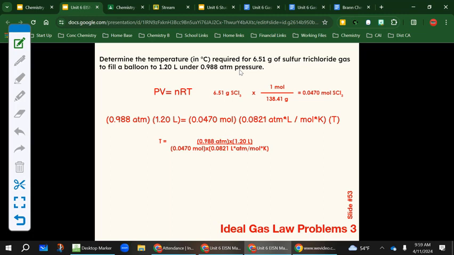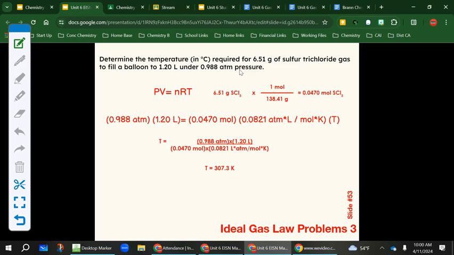At this point, you don't need to write all the units. I do to keep my things straight. You're going to take 0.988 times 1.21 divided by 0.0470 times 0.0821. By the way, if you do not put these in parentheses on the bottom, you're not going to get the right answer, which is 307.3 Kelvin.